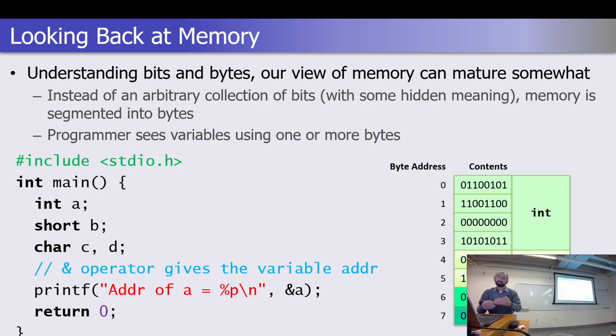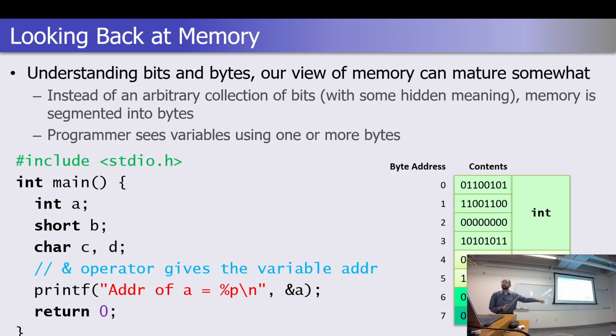But ultimately, memory, and certainly the C programmer's view of memory, is just one large linear array of bytes. That we have a series of addresses, and we have a series of bytes at those particular addresses. And so our variables that we are declaring are just our way of specifying, I want 1 byte to store this variable.